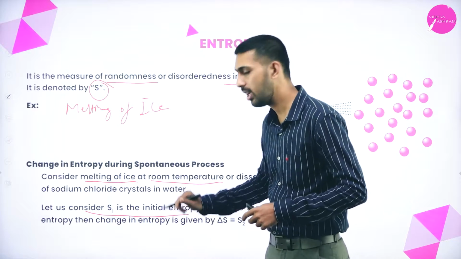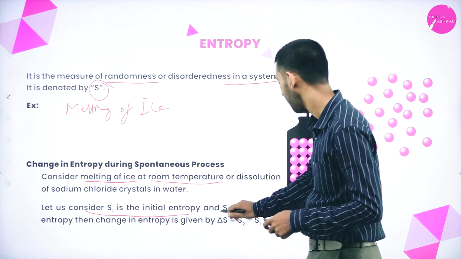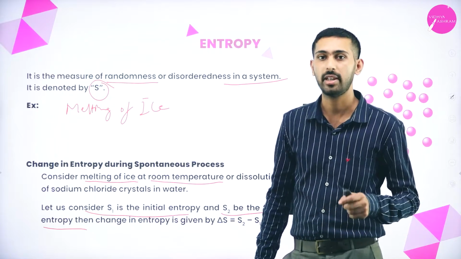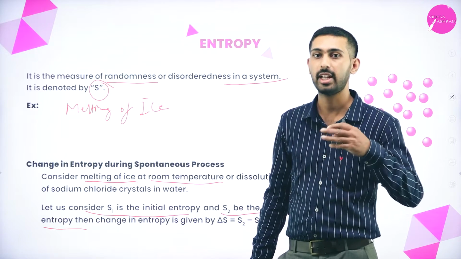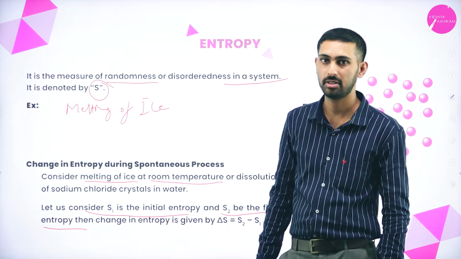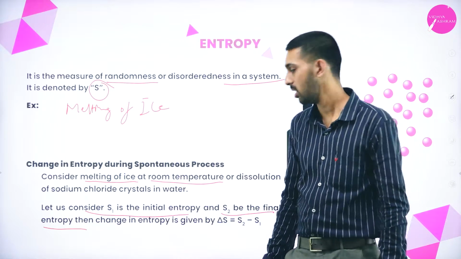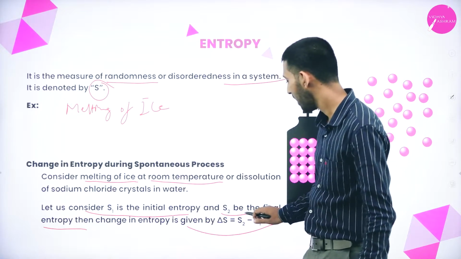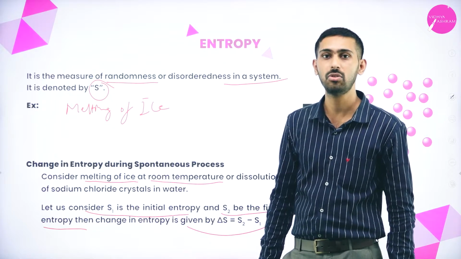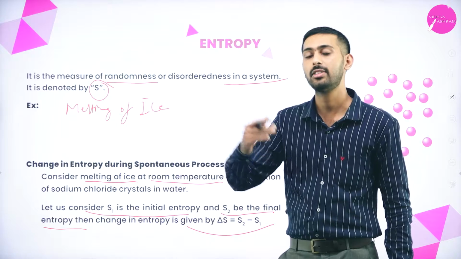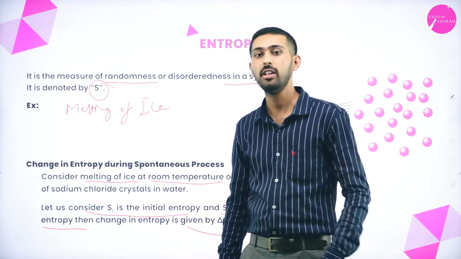So let S1 be the initial entropy and S2 be the final entropy after it has reacted with the open environment. So change in entropy is given by delta S equals S2 minus S1, that is, entropy at the final stage minus entropy at the initial stage.